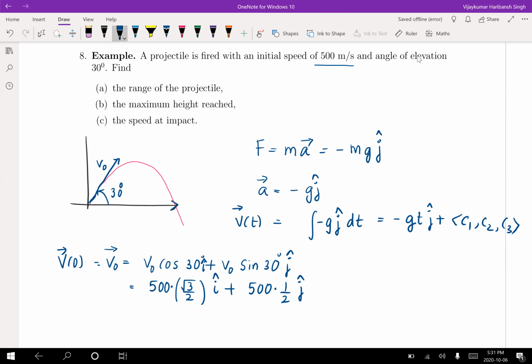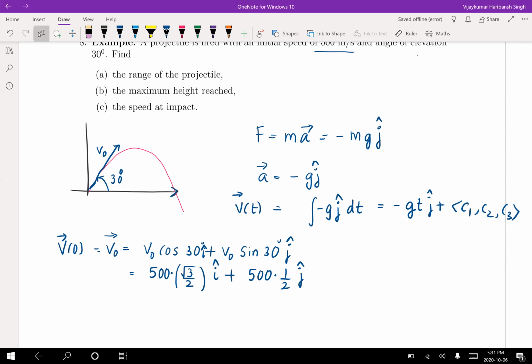So when we put it back, we get V of 0. On one hand, we get 0, because t is 0, so 0 j, C1, C2, C3.